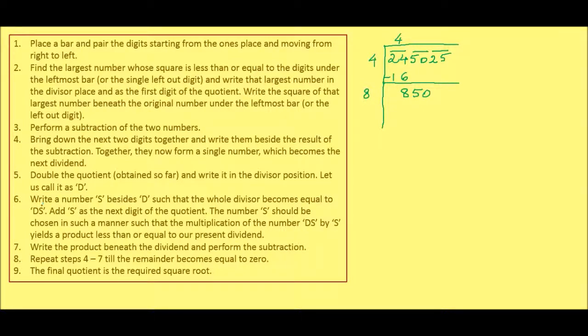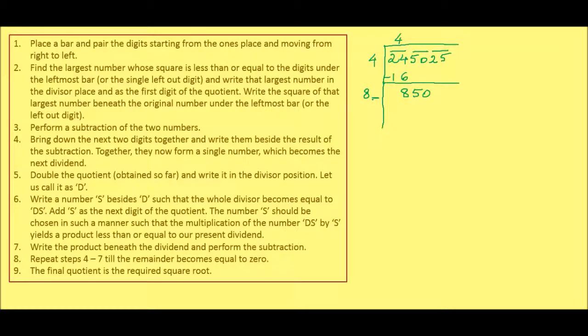Rule number 6. Write a number S beside D. We will be having some number over here such that the whole divisor becomes equal to DS. 8 along with another digit, which is the value of S. Add S as the next digit of the quotient.